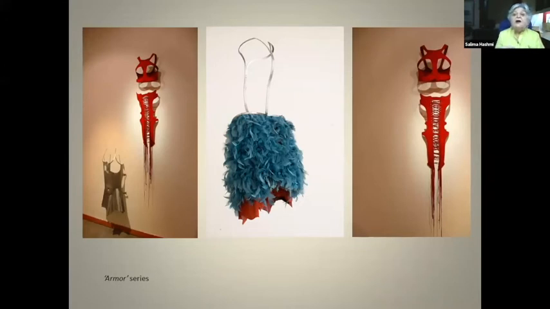She went on to make other works which eventually became armor, because the step from intimate apparel to something that protected the body and became armor was a natural transition for an artist like Naiza.